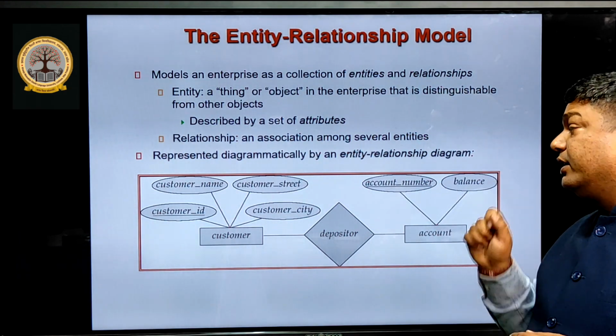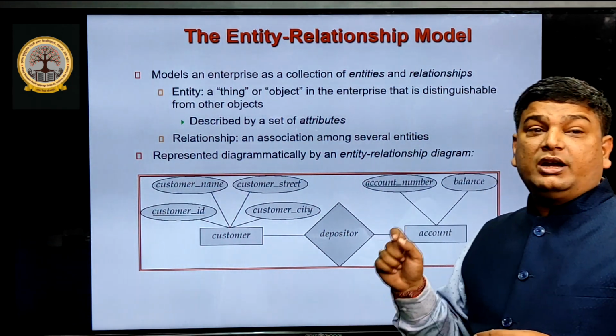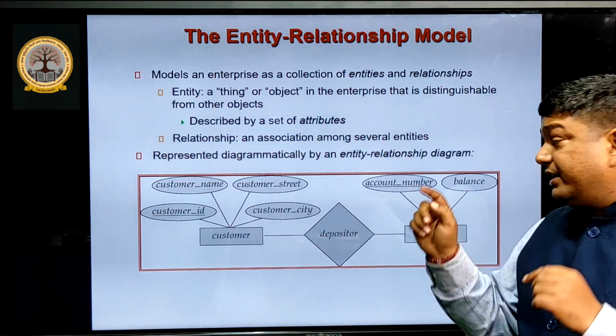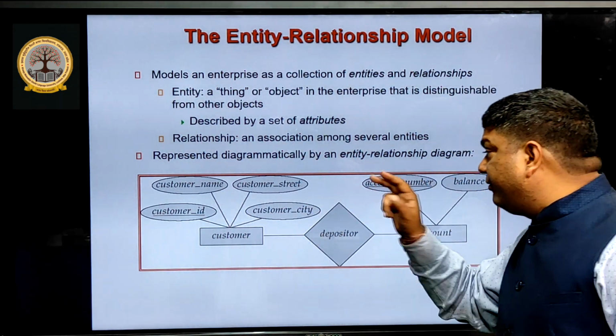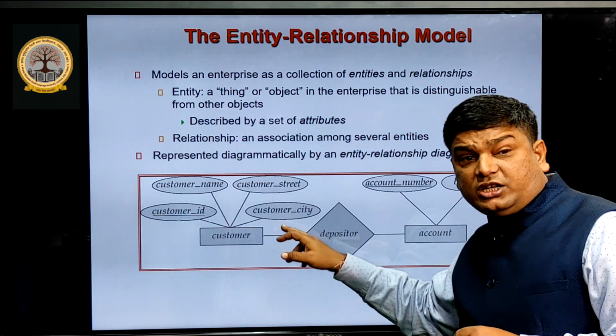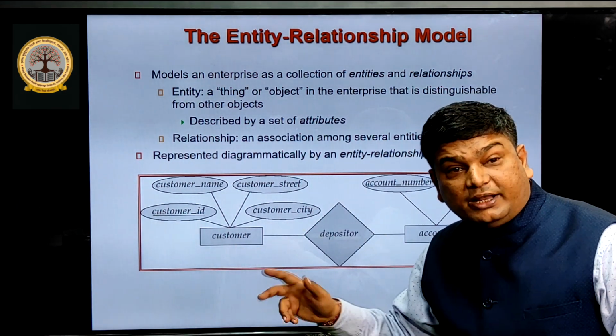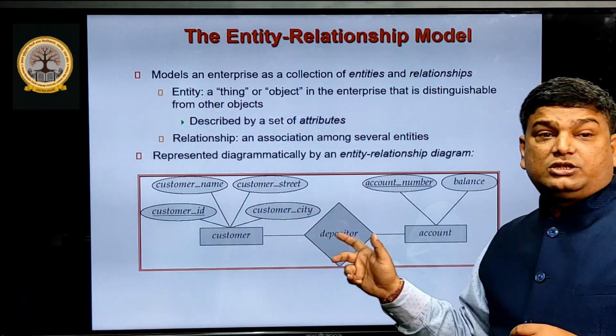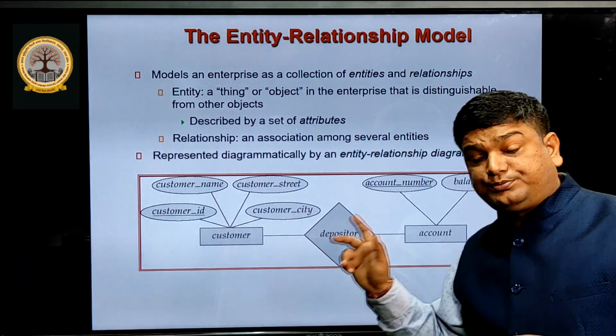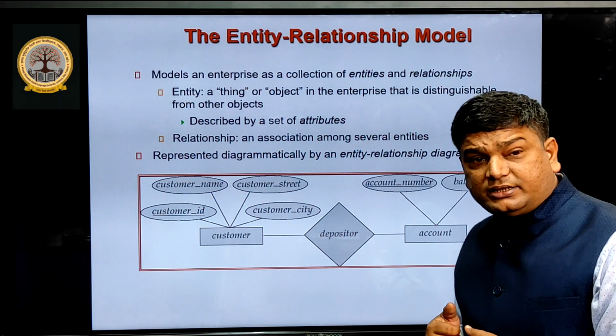The second is the relationship. A relationship uses a diamond box, and the diamond box connects two different entities. In the given figure, the customer attributes are customer ID, customer name, customer street, customer city and customer address.